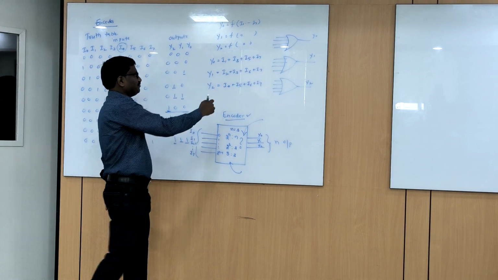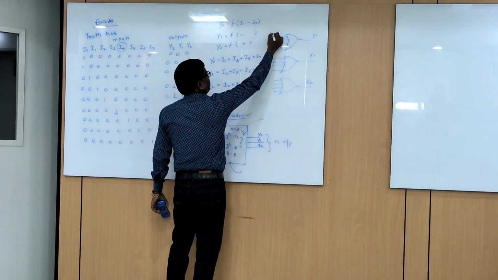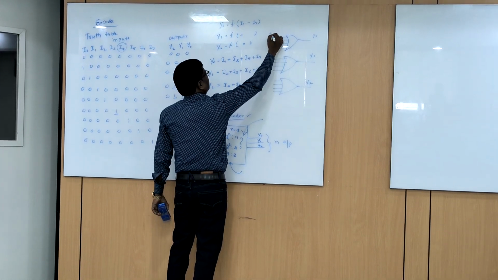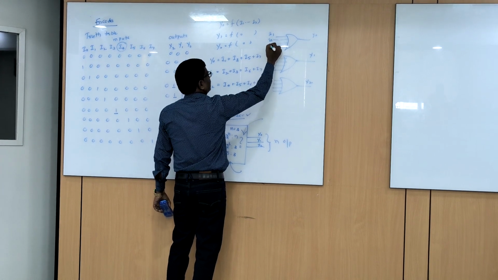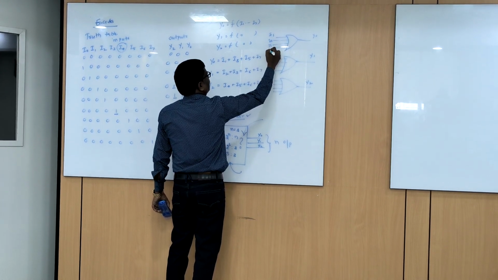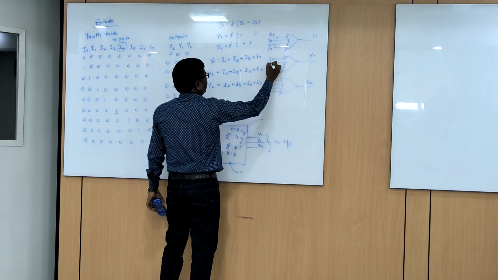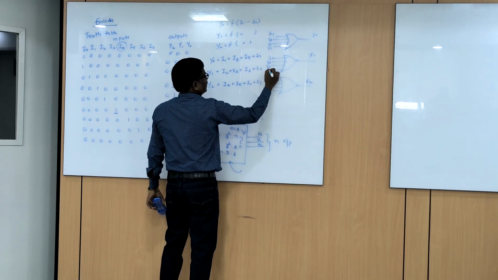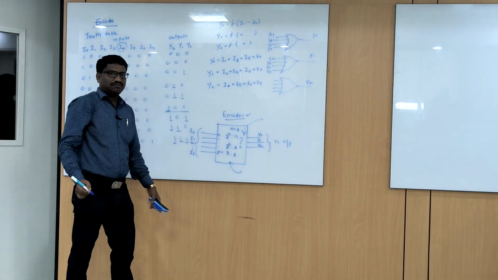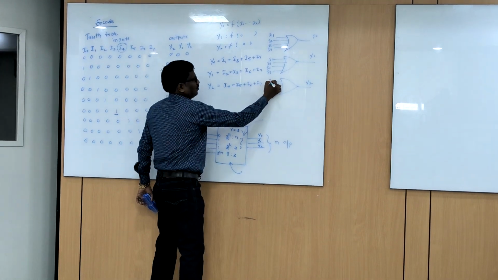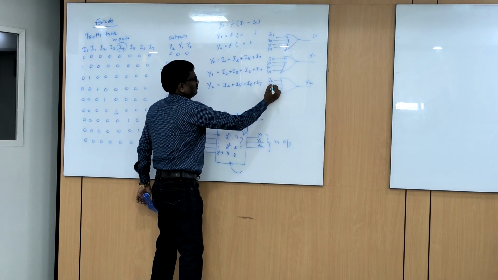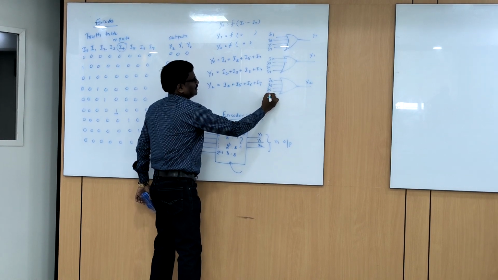What are the inputs to them? This is I1, I3, I5, I7. What about this? I2, I3, I6, I7. What about this? I4, I5, I6, I7.